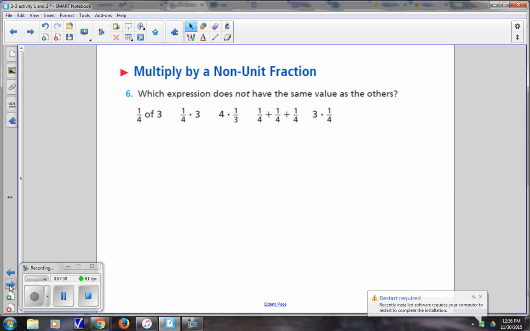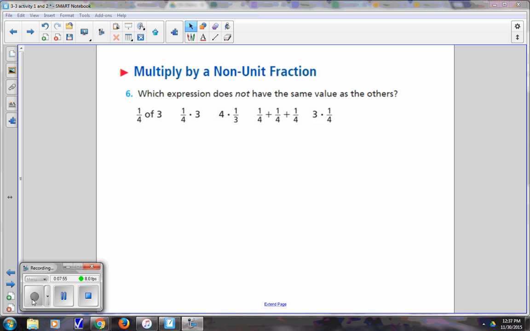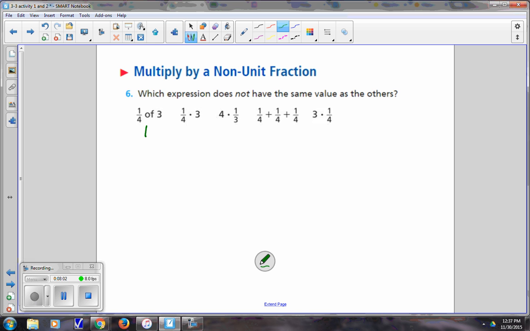Okay? Which expression does not have the same value as the others? So I want you to think about it for a second, pause it, and write down which expression you think doesn't match. So if you're looking at this, 1/4 of 3, 1/4 of 3, these two are the same. 1/4 plus 1/4 plus 1/4 is the same. 3 times 1/4 is the same.